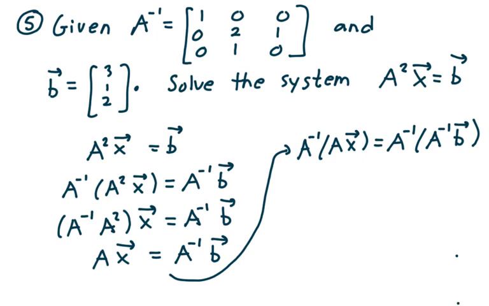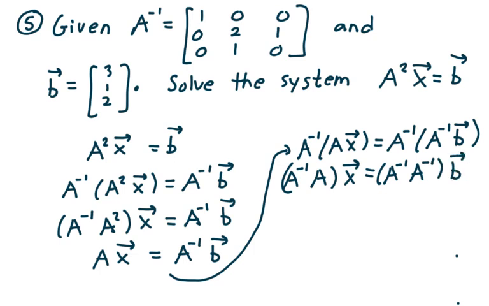Okay. And so using the associative property, we get A inverse A inverse A inverse times A, right? Times X is A inverse times B. But A inverse A is the identity. And we could do that because I'm basically saying A is invertible, right?